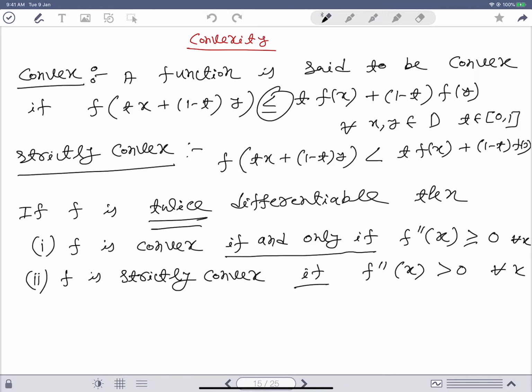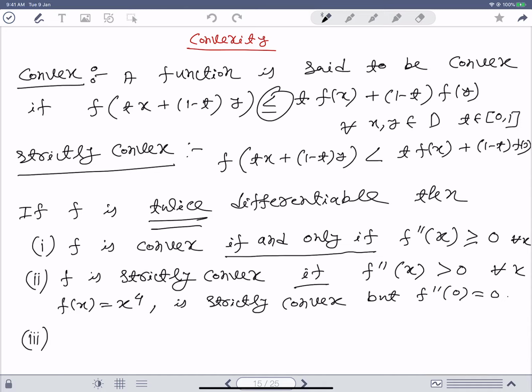You have to just remember here you have only the if condition. It is not if and only if. It is not an if and only if criterion, because f of x equal to x to the power 4 is strictly convex, but f double dash 0 equals 0.